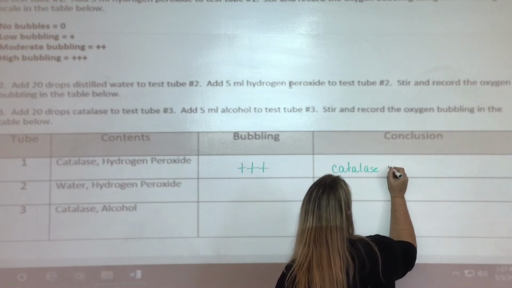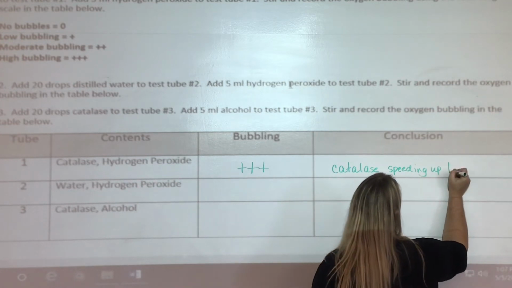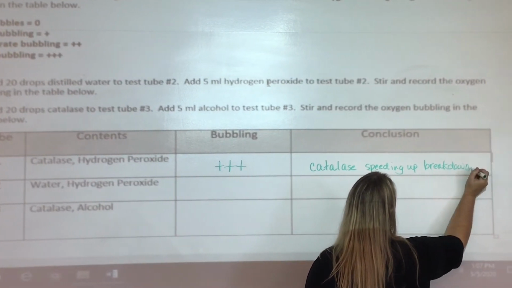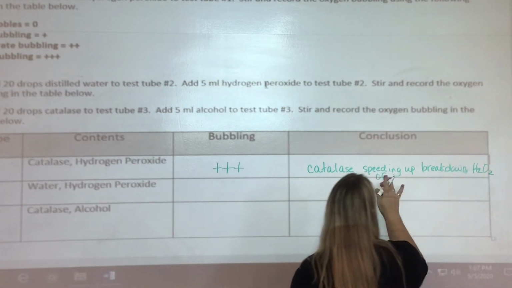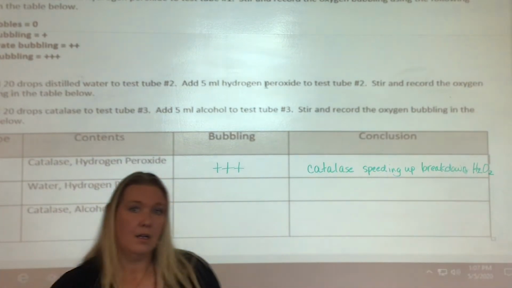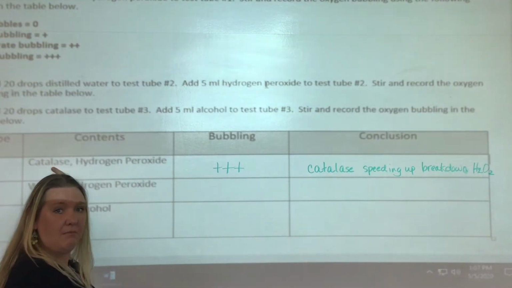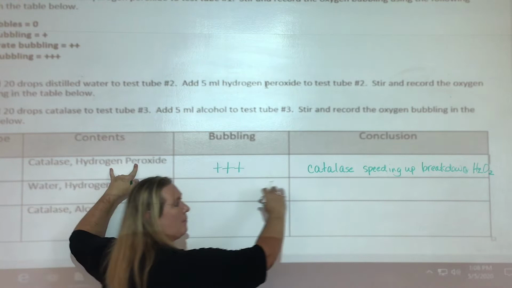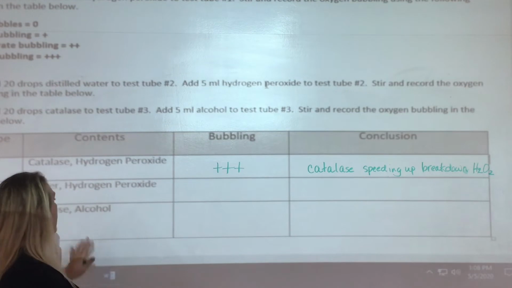The enzyme is working. So it's kind of like a positive test because we were trying to test the enzyme catalase and see if it actually worked on hydrogen peroxide. But it also is our experiment because that's the equation that we were seeing, the reaction that we were seeing earlier at the top.